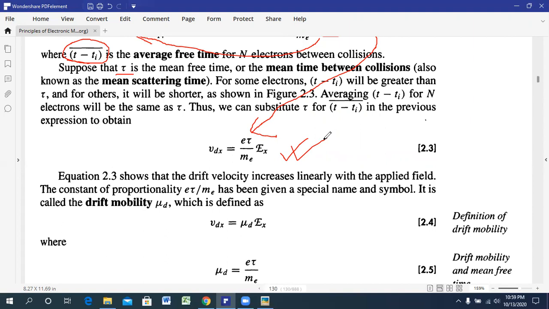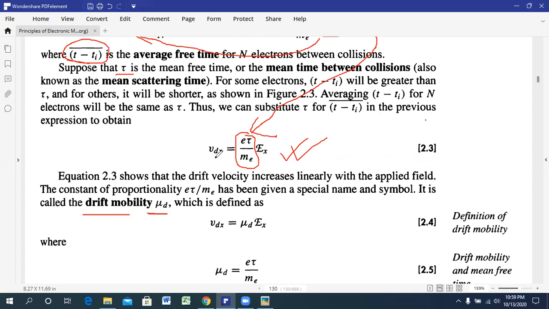Now look, in our case, this charge of the electron E, mass of the electron, and the mean scattering time, these three terms are constant terms. So we can write these three terms in terms of a constant of proportionality. That one is mu d, which is also known as drift mobility.